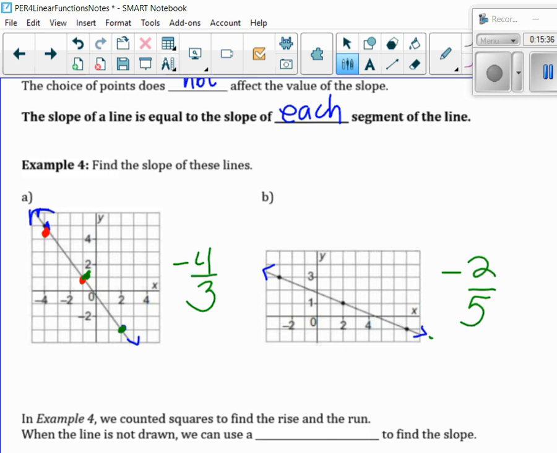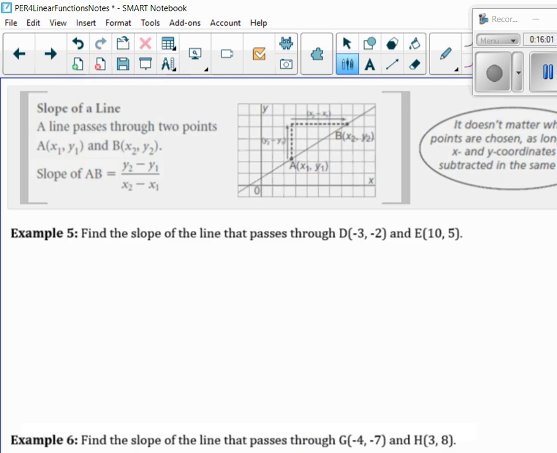Okay, in example 4, we counted the squares to find the rise and the run. When the line is not drawn, we can use a formula to find the rise and the run. So does everybody see when I'm counting this?